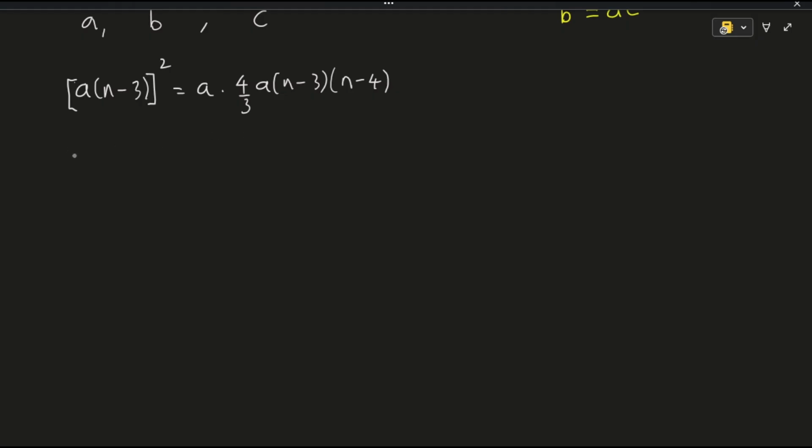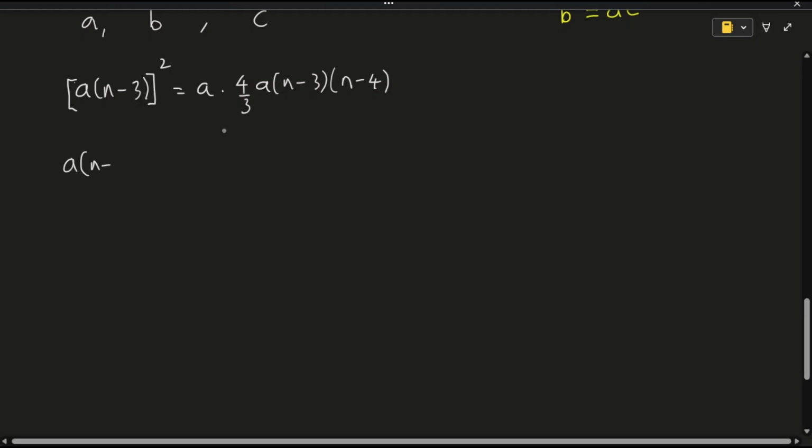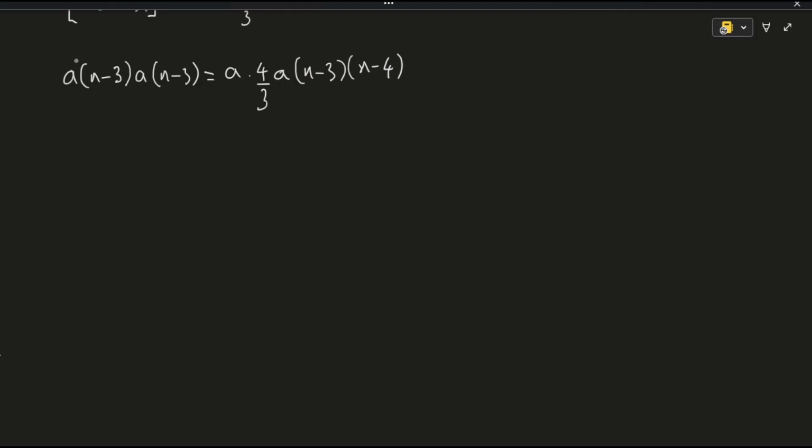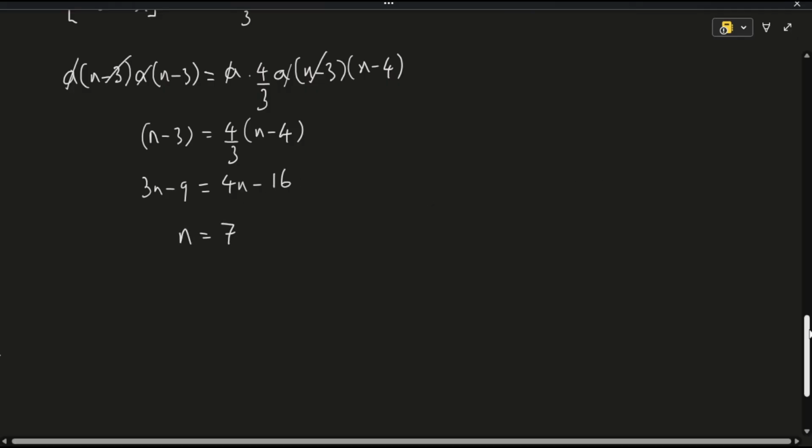If we simplify this expression, the A's will cancel out, and n minus 3 would also cancel out, and so we'll be left with an equation which, when we simplify, gives us n is equal to 7. So that is the first part of the question.